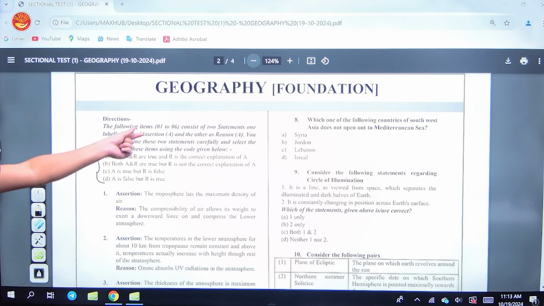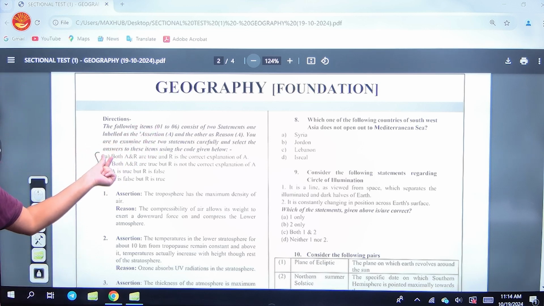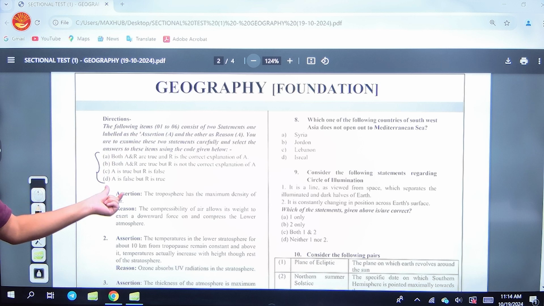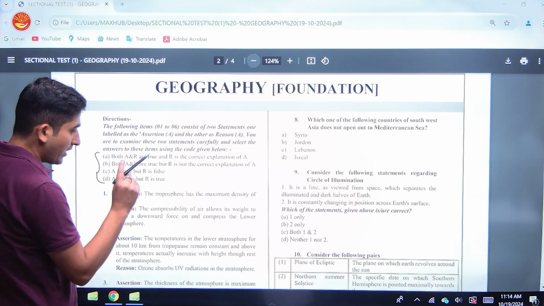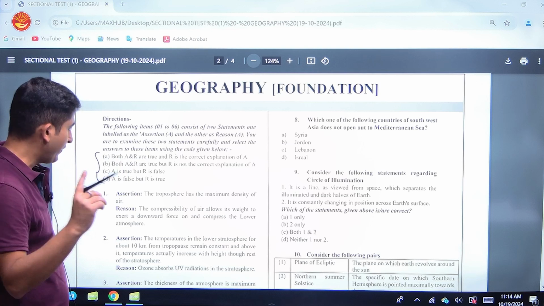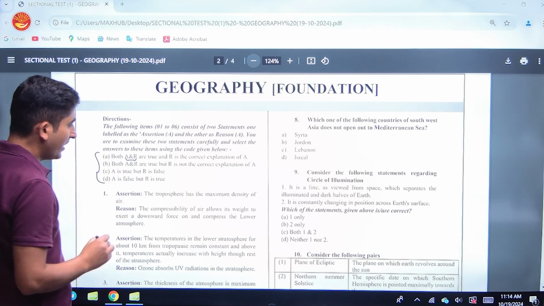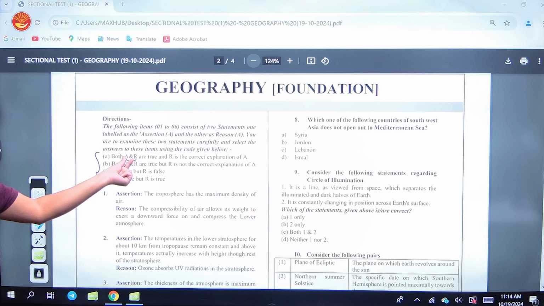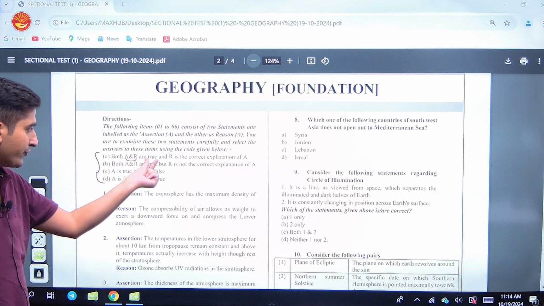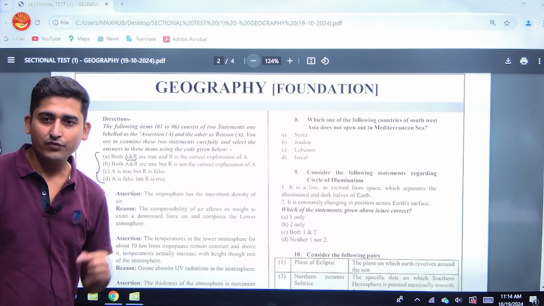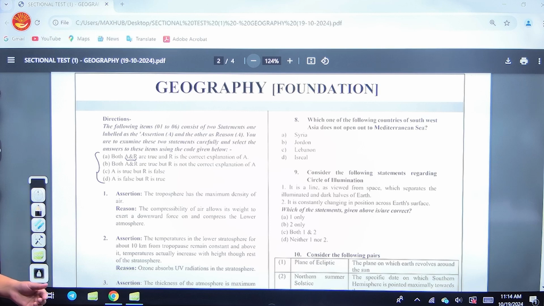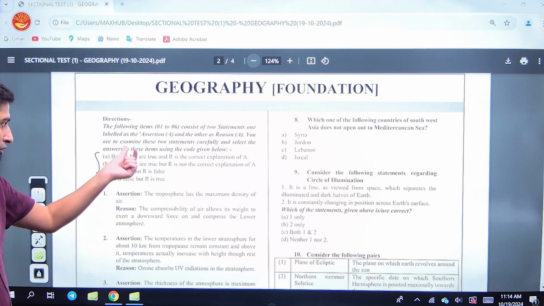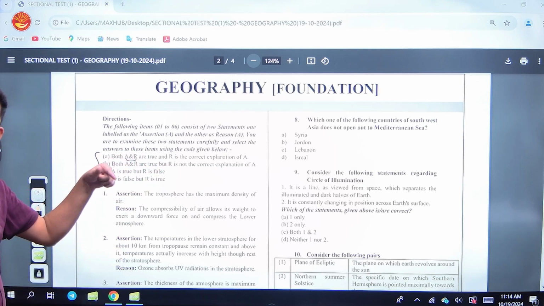For questions 1 to 6, you have to choose the answer from options A, B, C, D. Each question has two statements, one assertion, the other reason. Option 1 will be true if both A and R, A meaning assertion and R meaning reason, are true and R is the correct explanation of A. Whatever has been stated in the first statement, the assertion, is true, and the reason is also true.